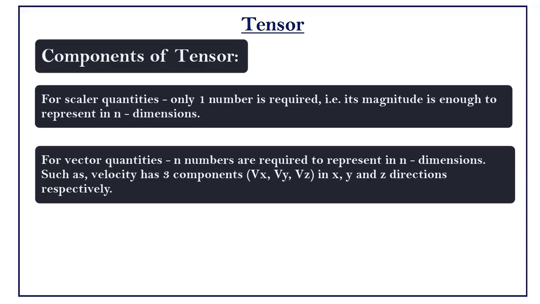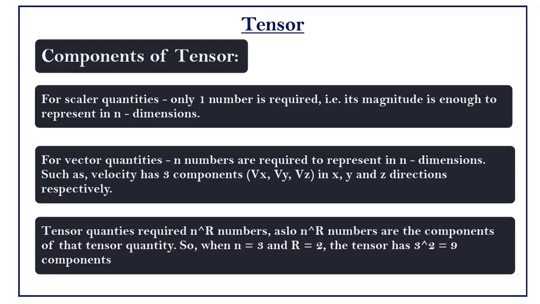Now, to present tensor quantities, n to the power r numbers are required, where n is the dimension and r is the rank of the tensor. So, 3 to the power 2, that is 9 numbers, are required to present a tensor of rank 2 in a three-dimensional system.